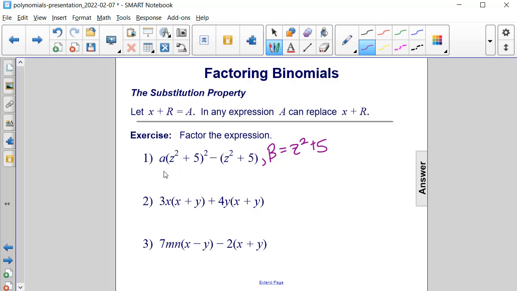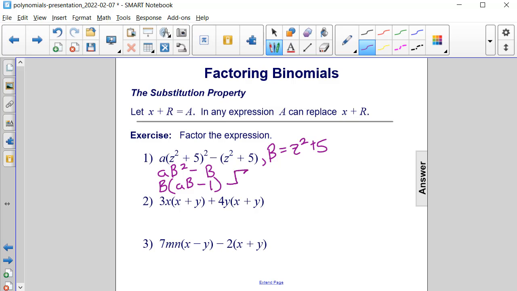In doing so, we will have a times B squared minus B. Notice we have at least one capital B in both of our terms. So we can factor a B out, and when we do that, we will be left with little a times (B minus 1).